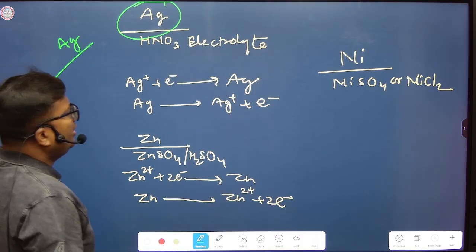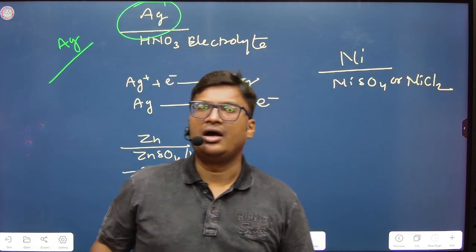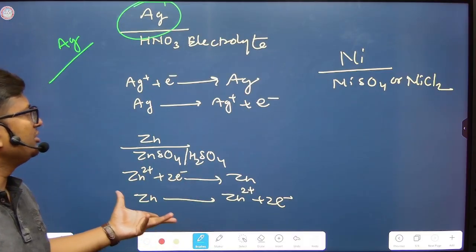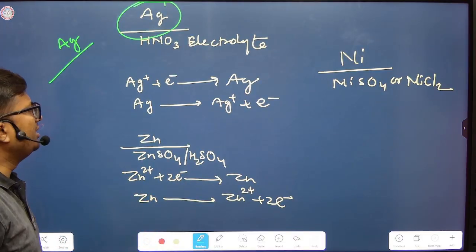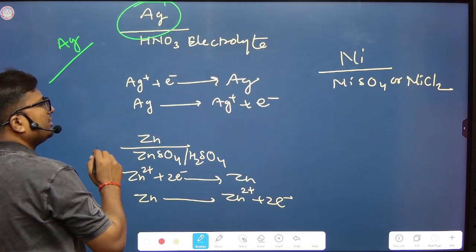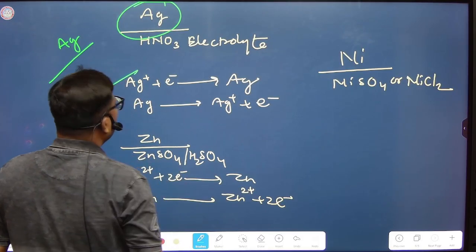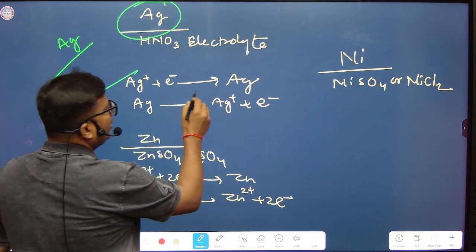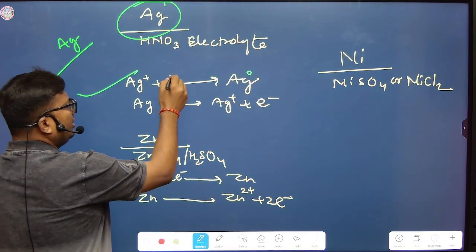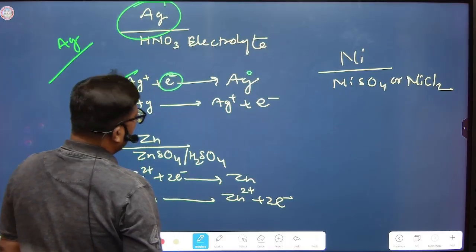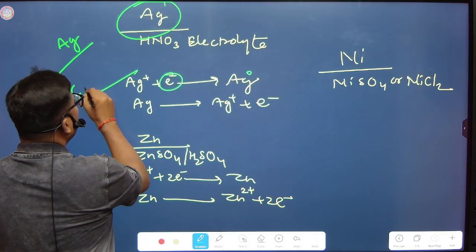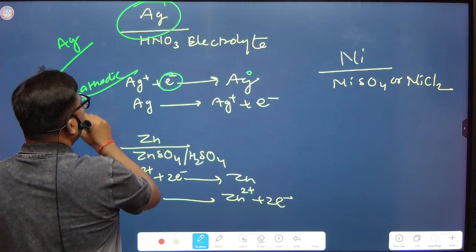Now, once the electrolytic cell is set up and the battery is on, and electricity is continuously passing through the reaction medium, then the potential difference will create oxidation and reduction reactions. At the cathode, silver first gets reduced into Ag0, receiving an electron from the surface of the cathode. This is your cathodic reaction, and this is your anodic reaction.